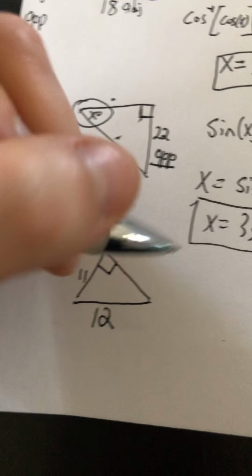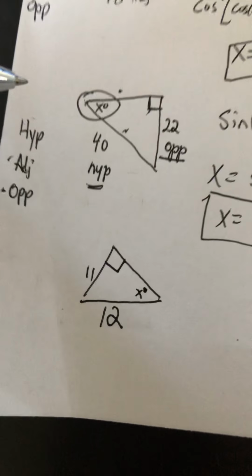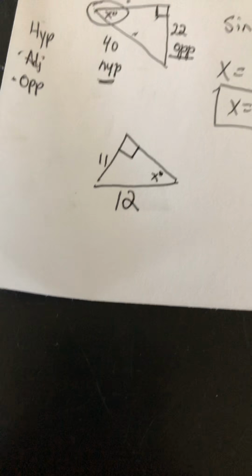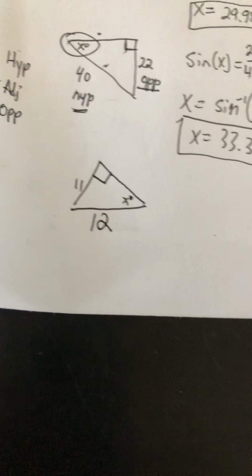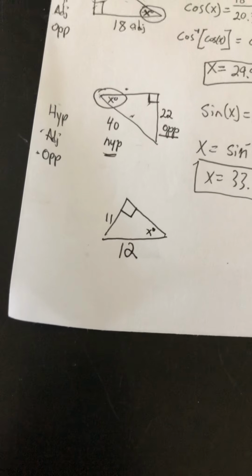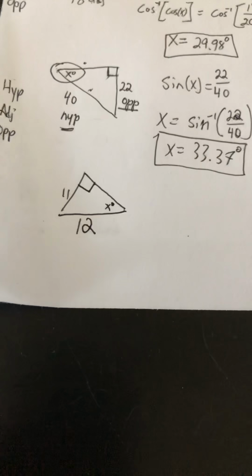And let's solve for this angle right here. So you guys tried this one. We want to label hypotenuse, adjacent, or opposite, whatever we're given, and try and figure out your trig ratio. So go ahead and pause it here. Try this one on your own.